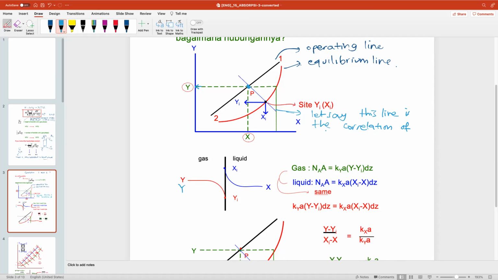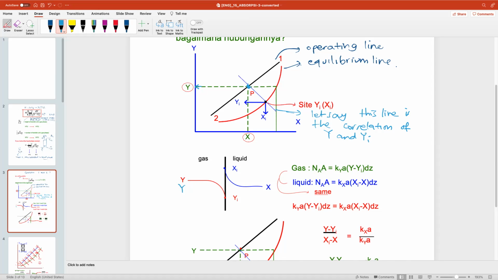of y and yi. Okay, so if this is y, how to read yi? Do you know where to read yi? Yi is the mole ratio at the interface. And from the bulk phase to the interface there is a mass transfer.